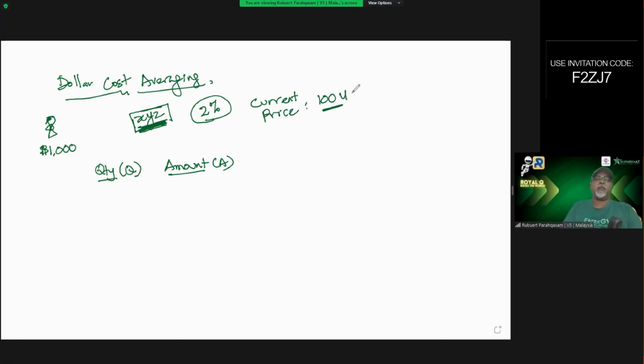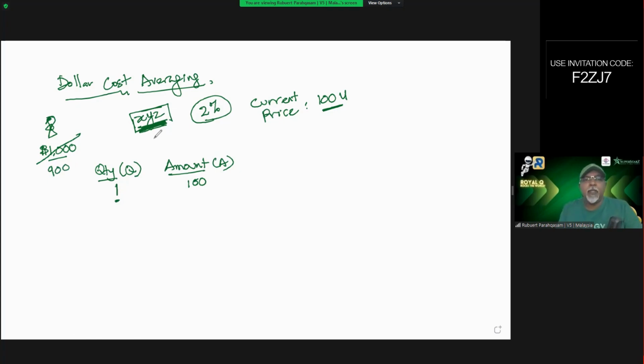So you have $1,000, and you went and bought one coin. How much did you pay for this? $100. You had $1,000, and since you have already used $100, now you have $900 and one XYZ coin. That's what you have right now.